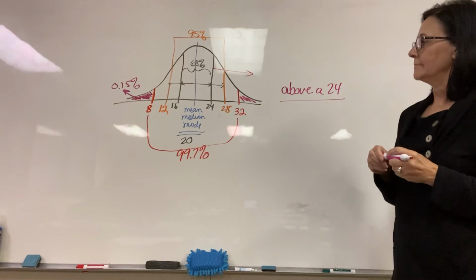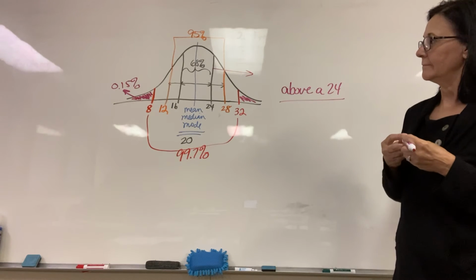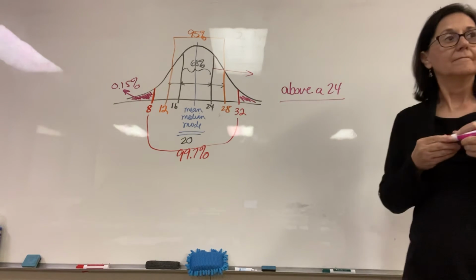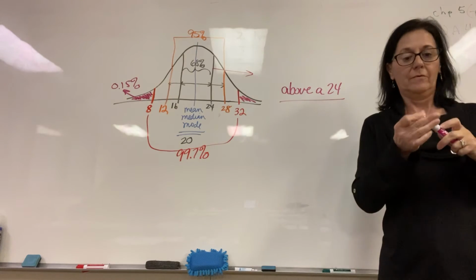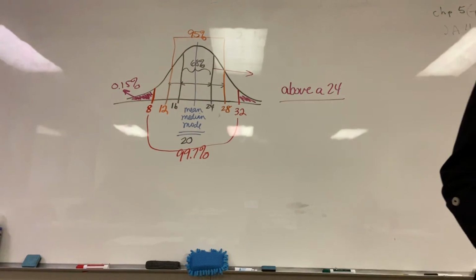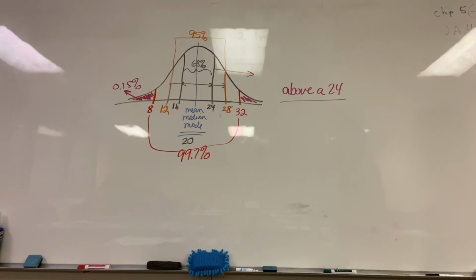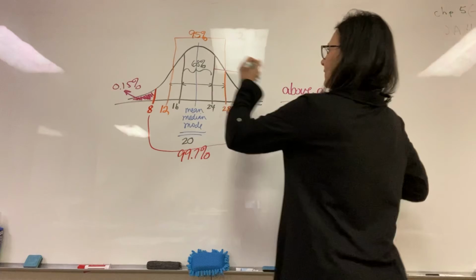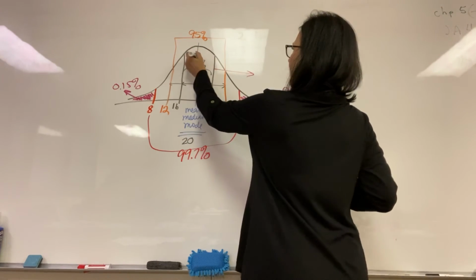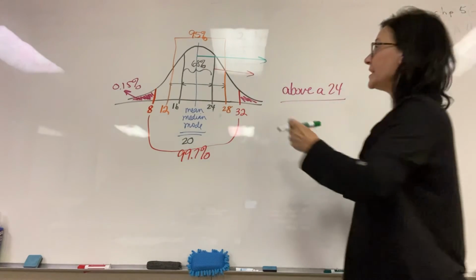Would you add together 95 and 99.7 and subtract 68 from that? Okay. Let's think about this. What is from here up? What percent is that? 50%.